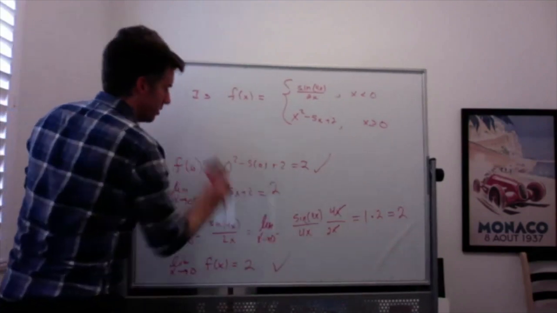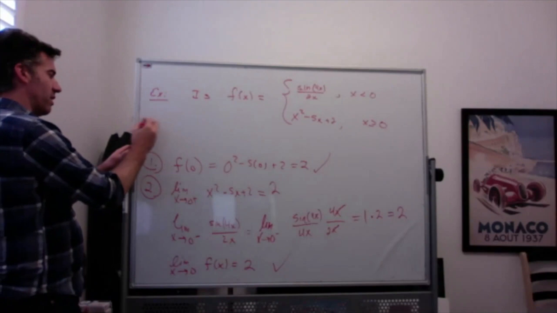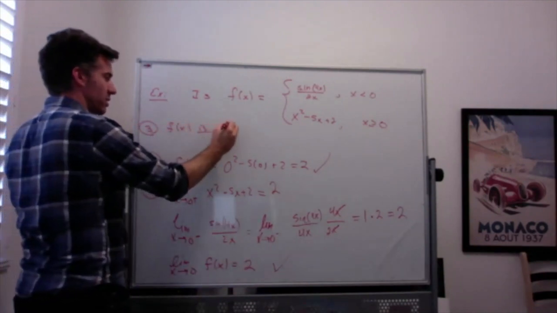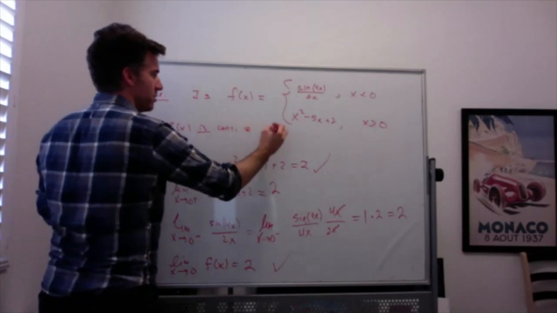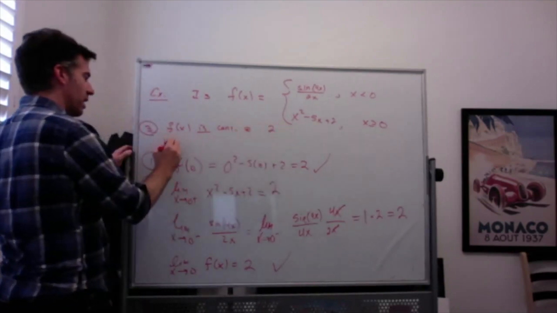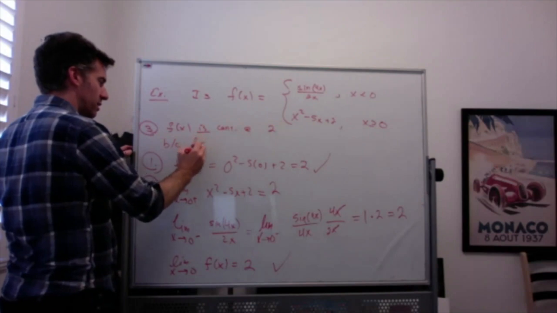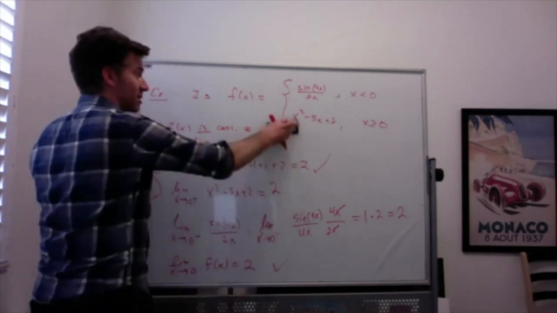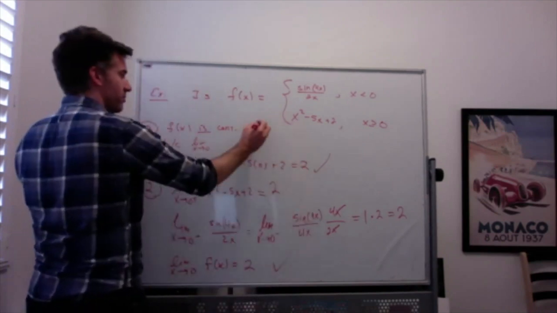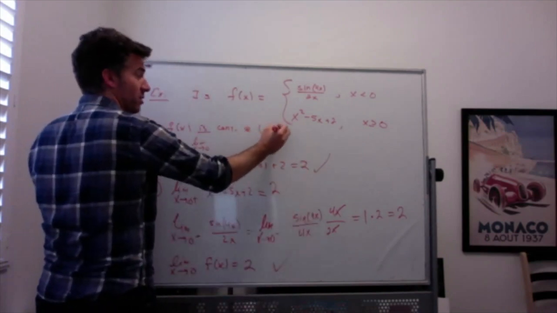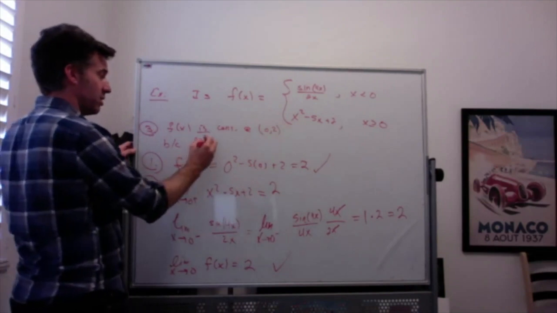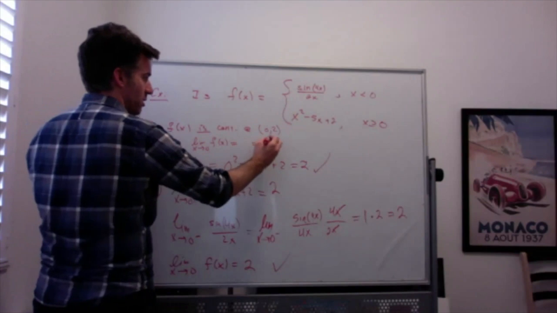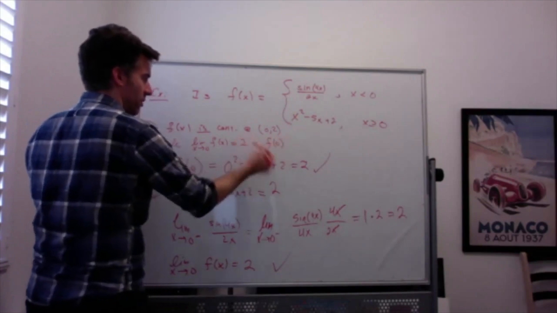For part 3, I would write something like f of x is indeed continuous at 0, or if you want, (0, 2), because the limit as x approaches 0 of f of x is equal to f of 0, which they're both equal to 2.